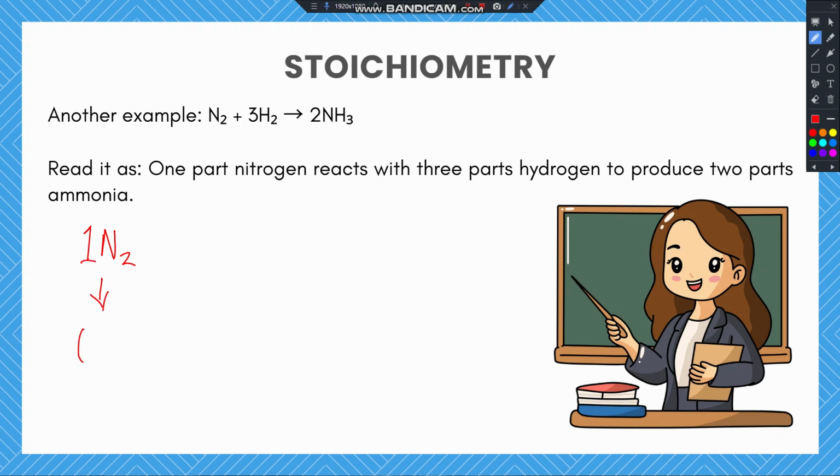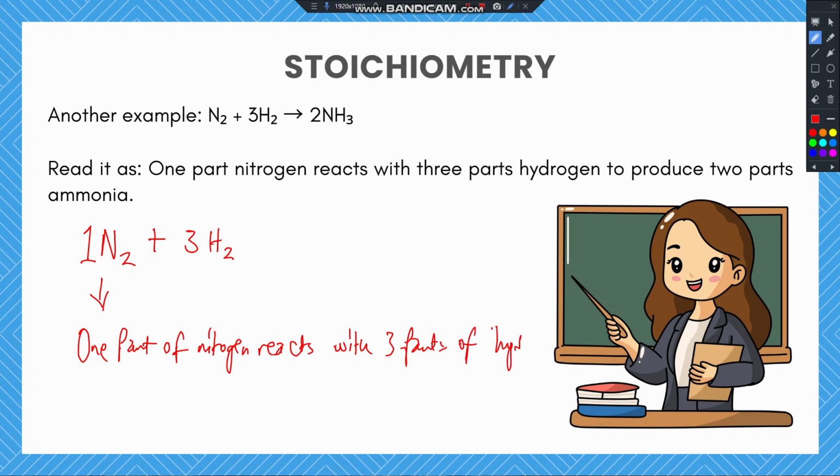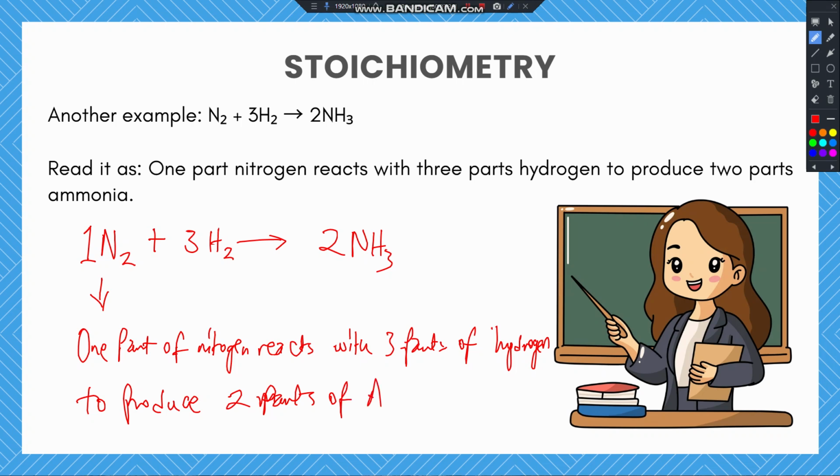So let's read it as 1 part of nitrogen, and then we have plus 3H2 reacts with 3 parts of hydrogen, and then we have this arrow, 2NH3, to produce 2 parts of ammonia, because basically NH3 means ammonia.